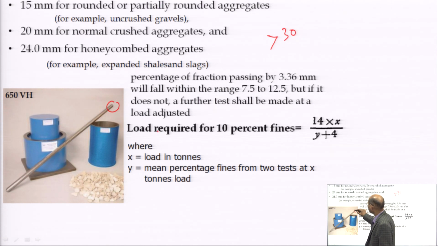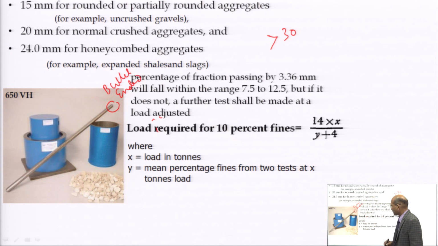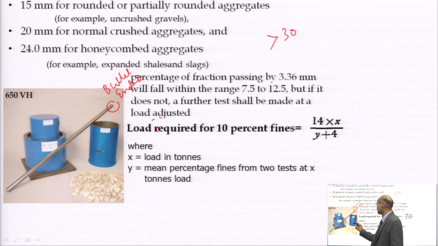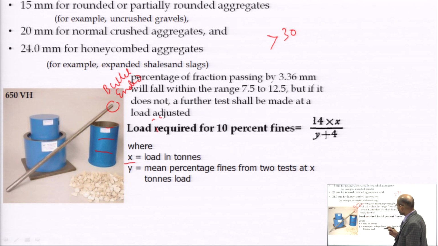This end is bullet ended, the diameter of the rod is 16 mm and the length is about 65 centimeter. You fill the aggregate in 1 layer, 2 layers and 3 layers, and each layer is compacted with this tamping rod with 25 blows. Then you take the weight of this particular sample, and a similar weight you take for another test.